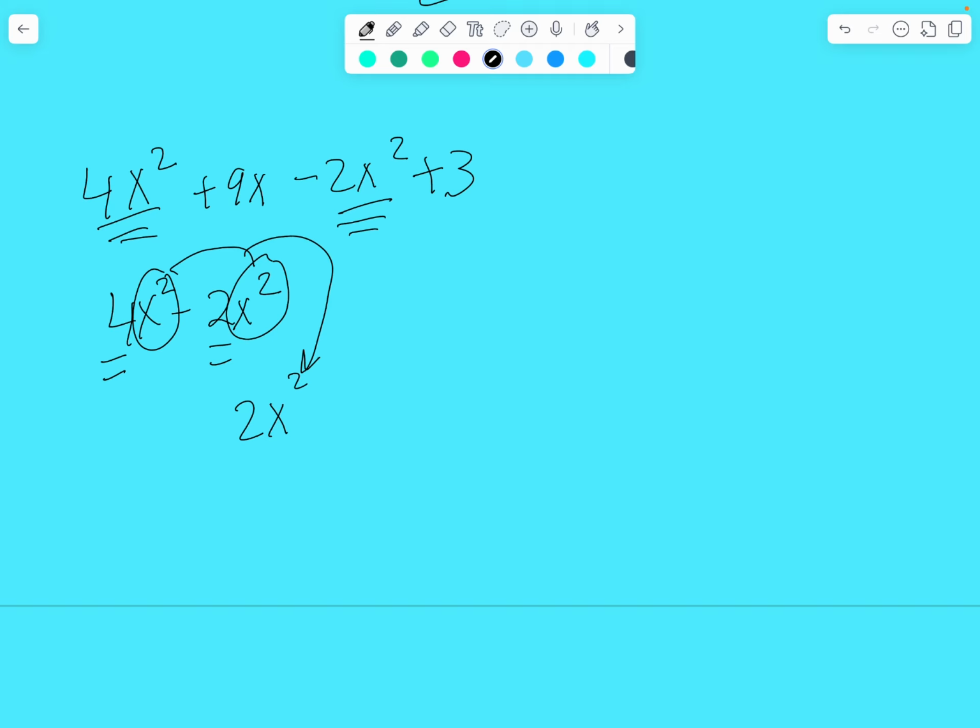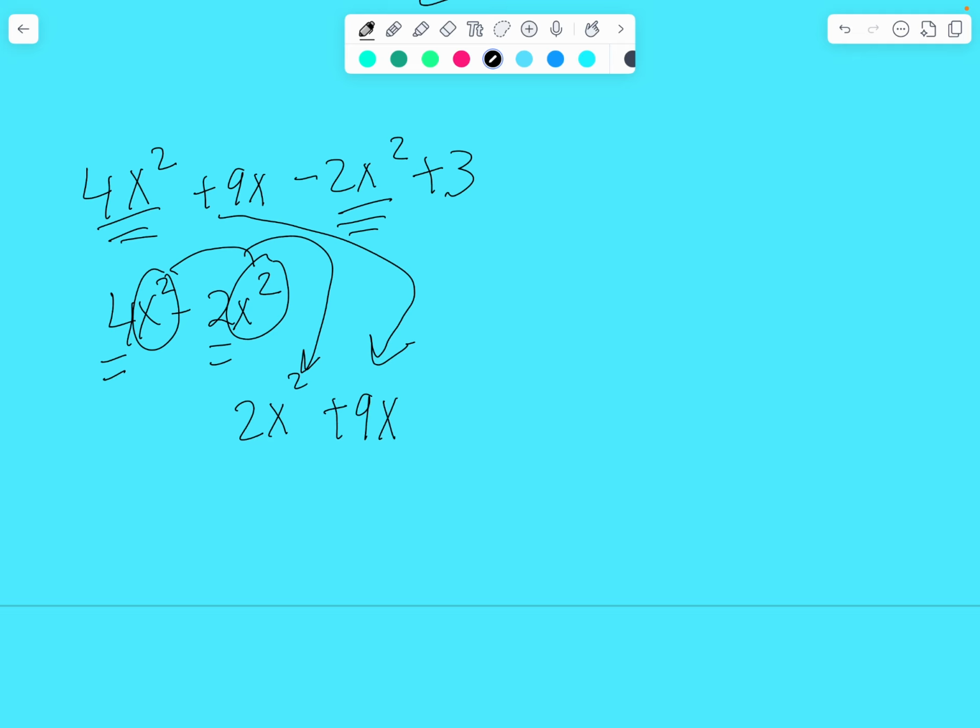You're not going to cross off and say, well, x squared minus x squared. No. You bring it down with you. And you're going to see this when you later do your quadratic formula and all types of other things. 9x is going to stay the way it is because there's nothing I can combine it with. I can't combine it with the 2x squared. I can't combine it with 3. So I'm just going to bring it on down.